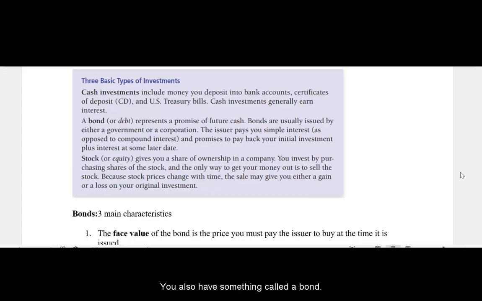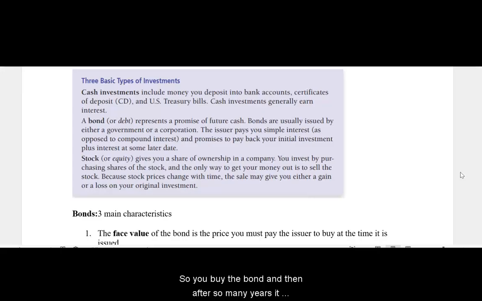You also have something called a bond. This represents a promise of future cash. So what happens is bonds are usually issued by either the government or a corporation, and the issuer pays a simple interest as opposed to compound interest and promises to pay back your initial investment plus interest.